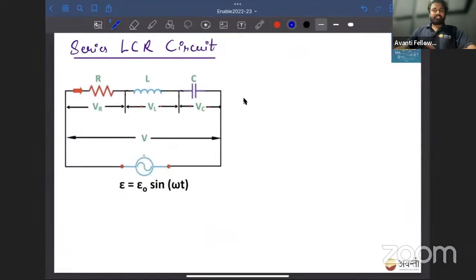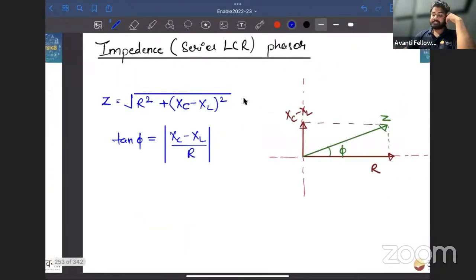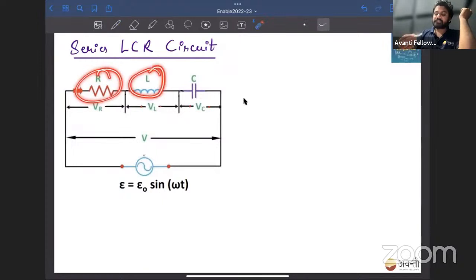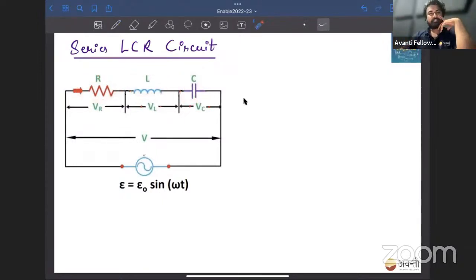Chalo, so today let's start a series LCR circuit. Okay. And in series LCR circuit, basically resistance is connected, inductor is connected, and capacitor is connected, right? Current will be passing from here, going in this first resistance, then inductor, then capacitor.